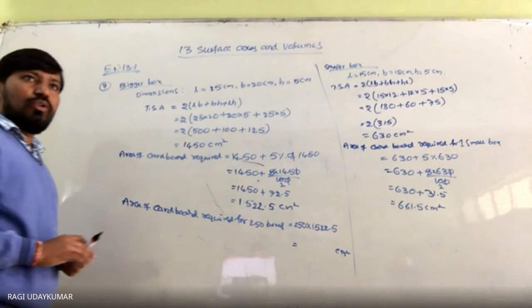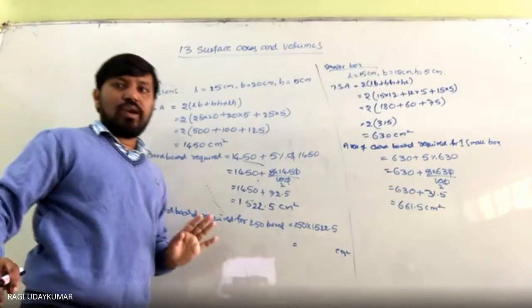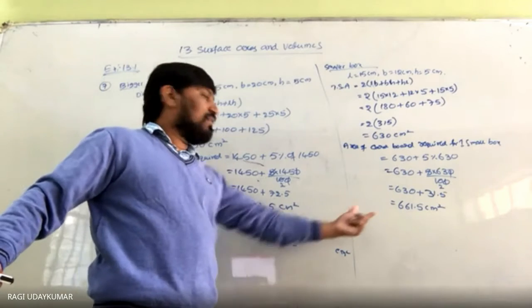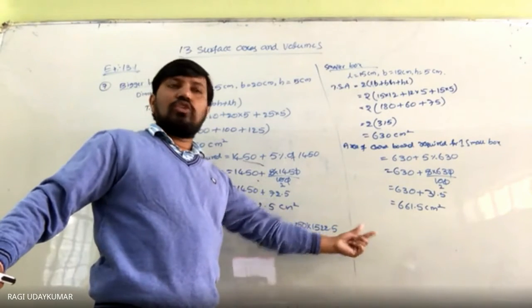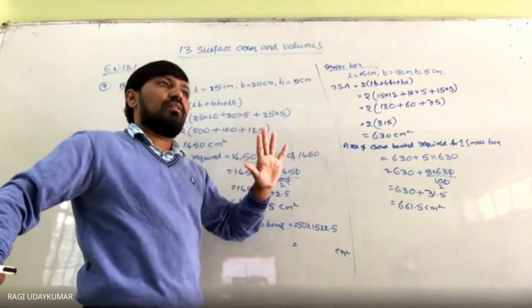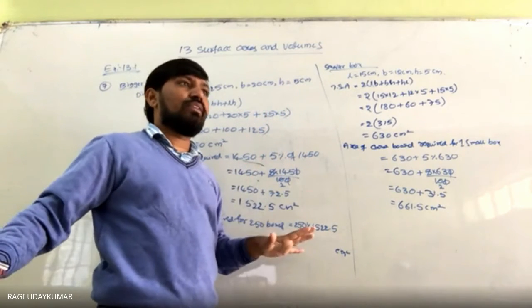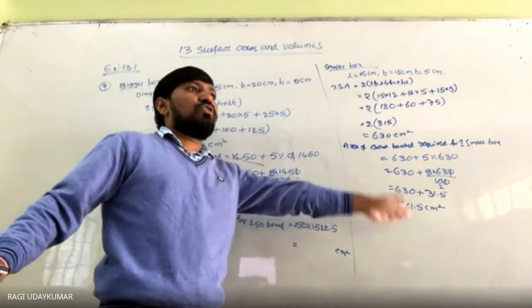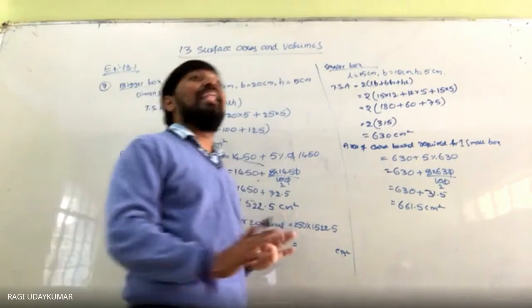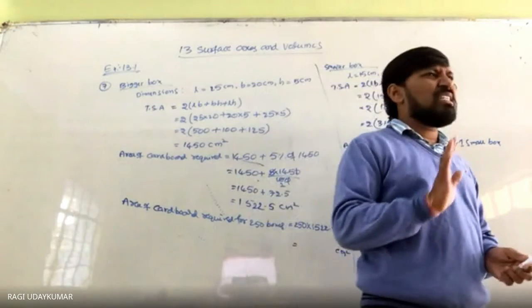Did you understand what to do? Is it okay? This total area you find out, whatever it is, add both. So how much total cardboard is required for 250 bigger boxes and 250 smaller boxes, you are going to get. The problem is lengthy but the same concept is used.